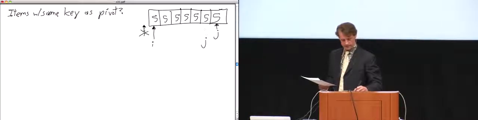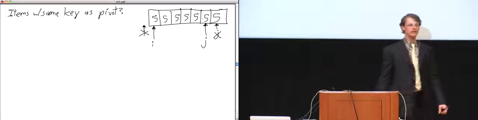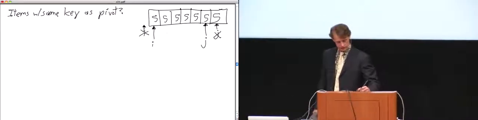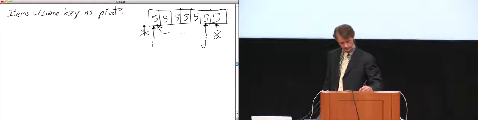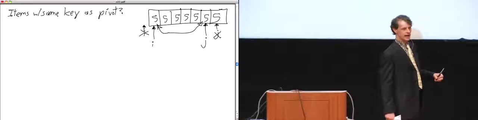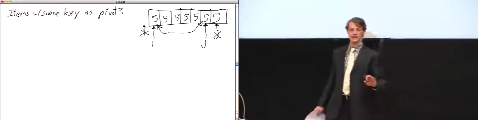J will take 1 step backward. It'll hit a 5. 5 is equal to the pivot, so we stop, and then we swap I and J. So we swap this 5 with this 5. That may seem insane, like we're wasting time swapping a 5 with a 5, but it's actually not.